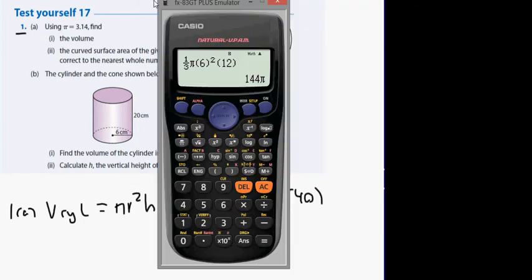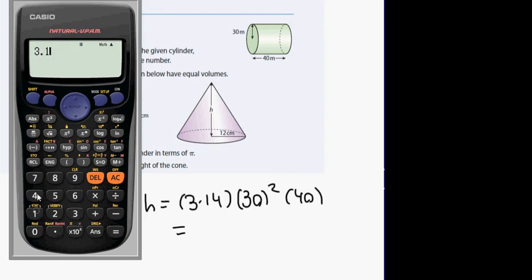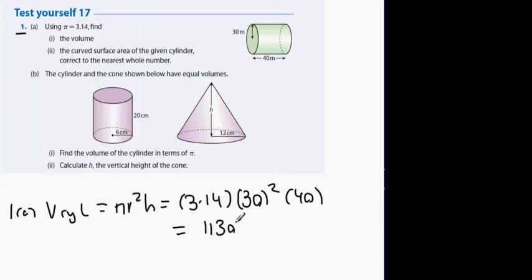You're going to get 3.14 multiplied by 30 squared multiplied by 40, and what you get is 113,040 meters cubed.